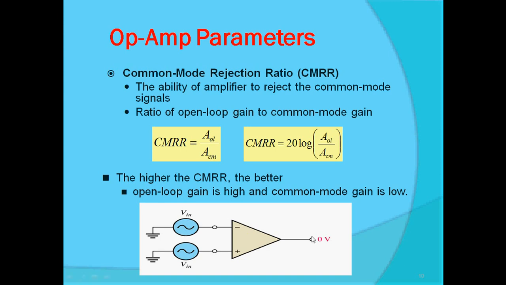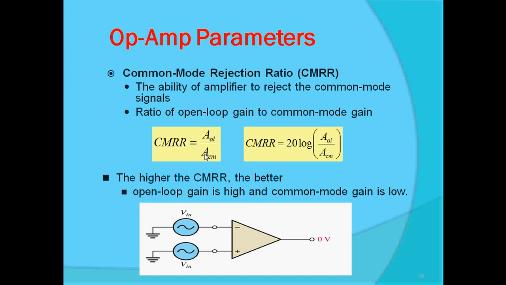We have seen that common mode gain is 0 as output voltage is 0. So when your denominator is 0, CMRR will become infinite. It means that the common mode rejection ratio is infinite, so the op amp can reject any small amount of common mode input. Op amp will never allow the common mode input signal to pass at the output.